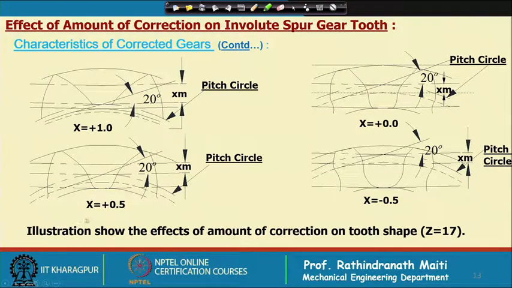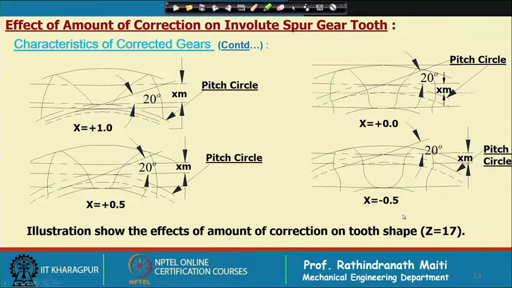And if it is given plus 0.5, as you see, shape wise it is better. You can see it has a more widened tooth, as well as the tip having a substantial amount. So, probably on 17 teeth we can go for 0.5 correction to have a better form of teeth.